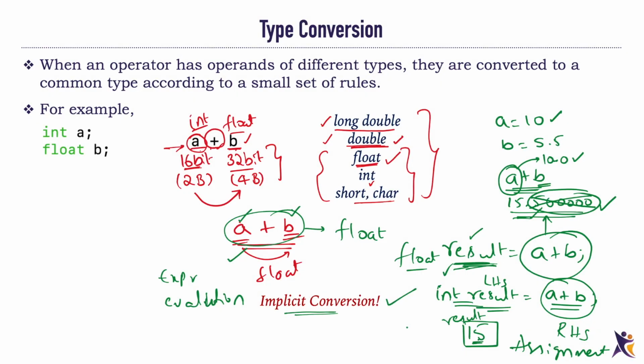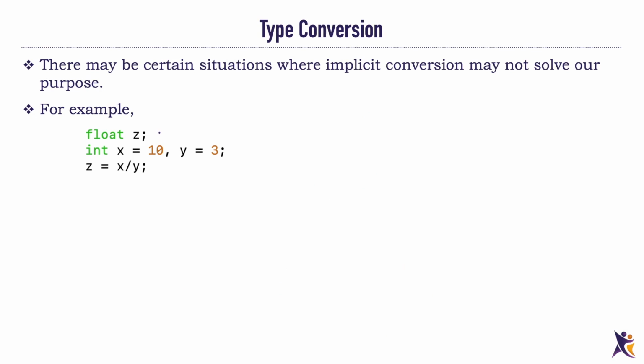Now there can be some cases where an explicit conversion is also required. For example, if you consider this example, here we have a floating point number z, and then we have two integer variables x equal to 10 and y is equal to 3.